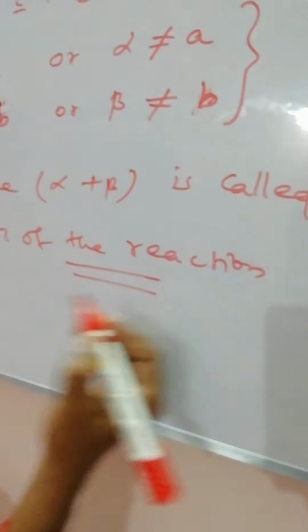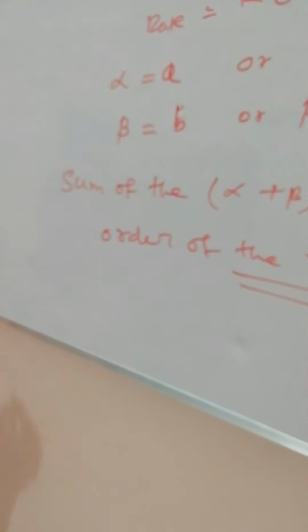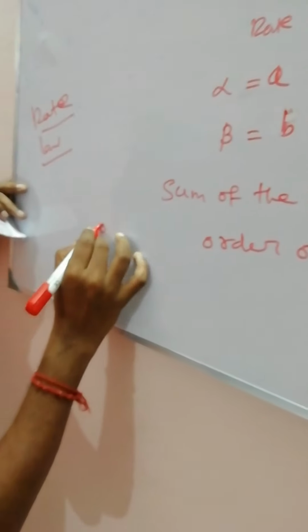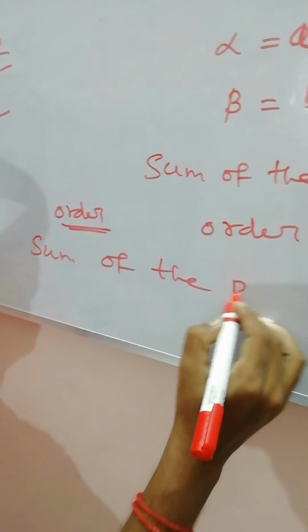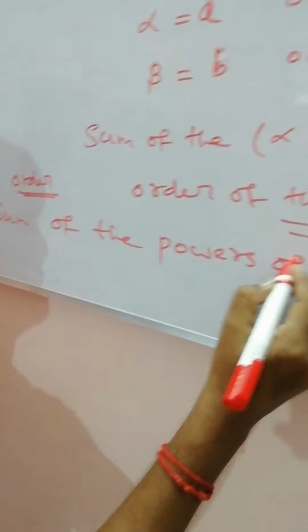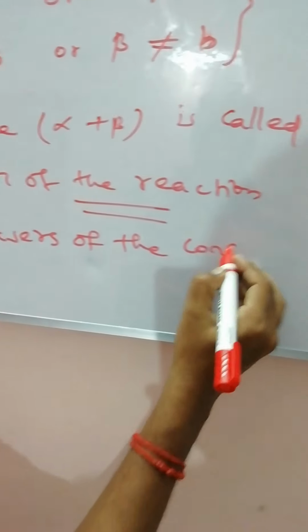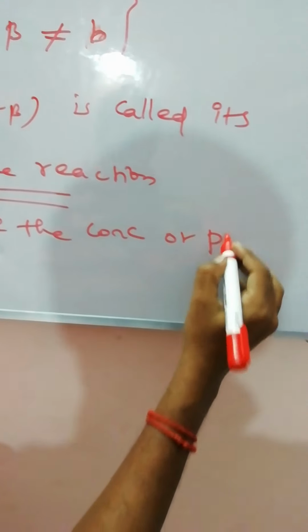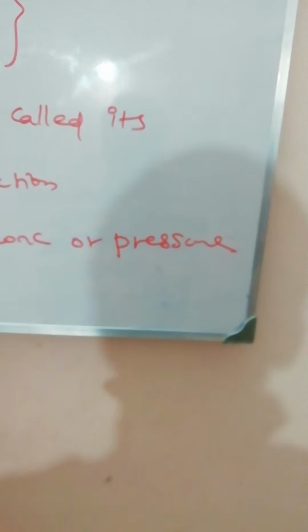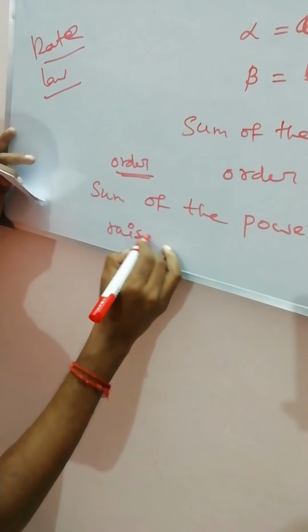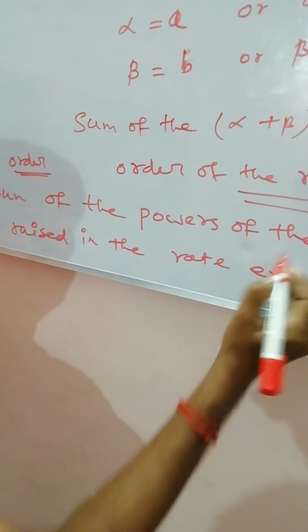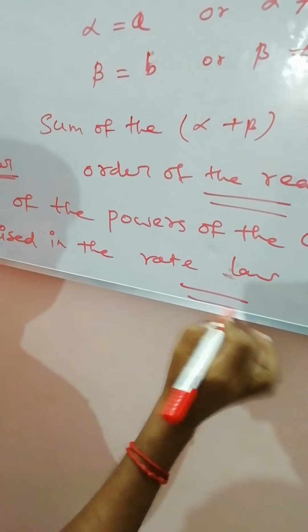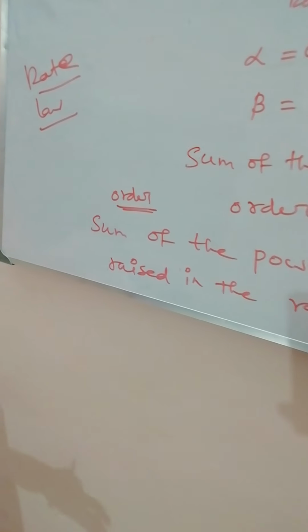Alpha and beta are orders. The definition of order: the sum of the powers of the concentration or pressure terms raised in the rate equation or rate law.